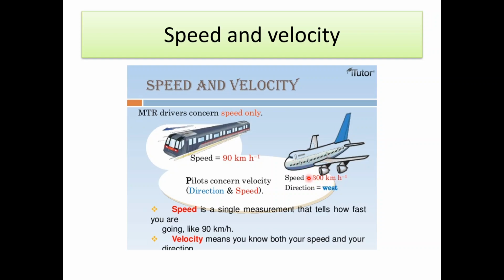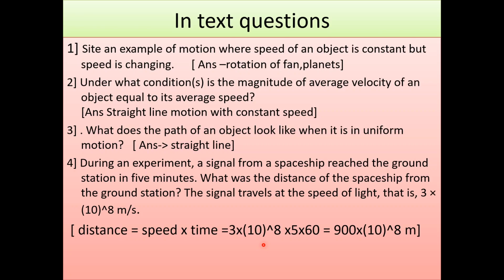So speed is a single measurement that tells how fast you are going, and velocity gives both your speed as well as direction.